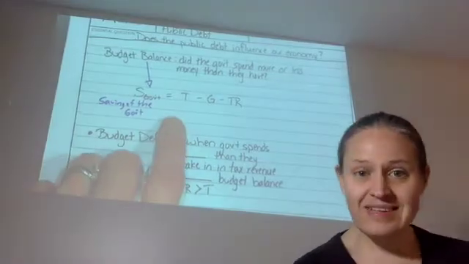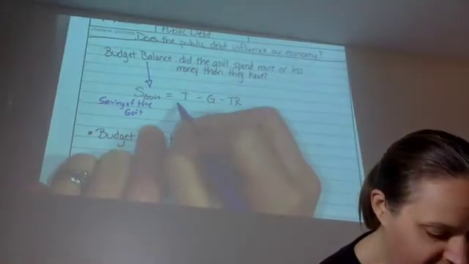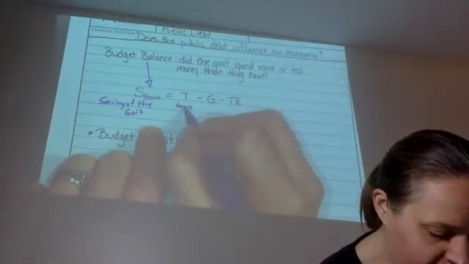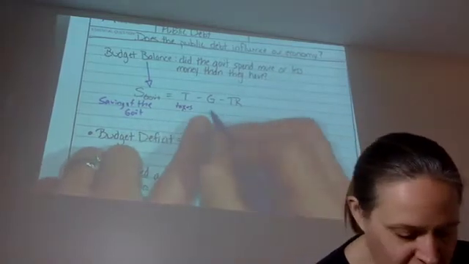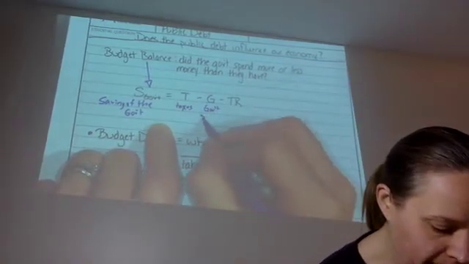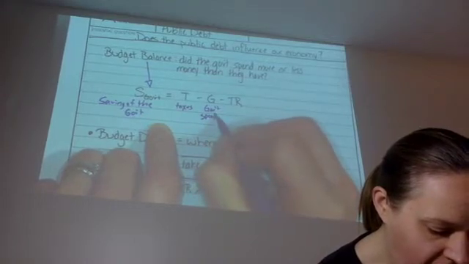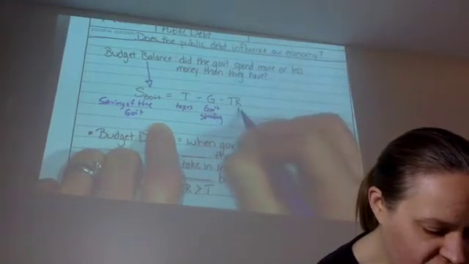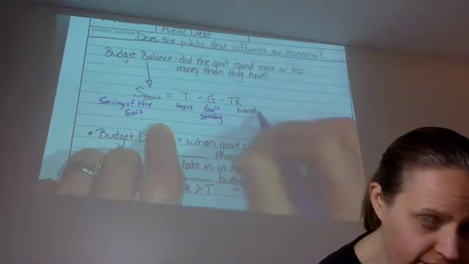All right, so T is taxes. G is, of course, government spending. And TR is transfer payments.